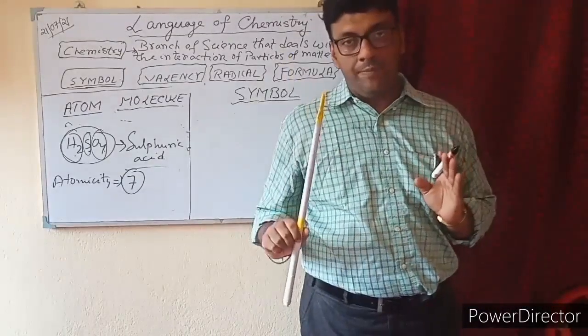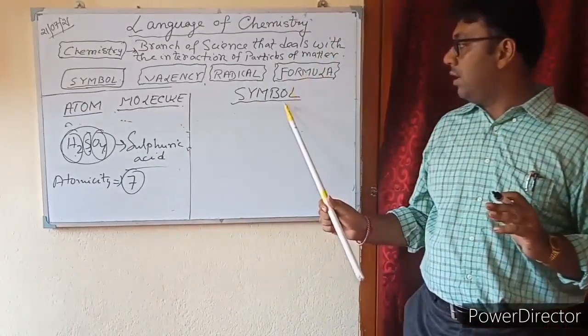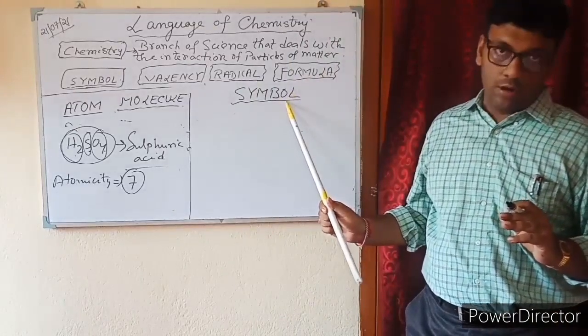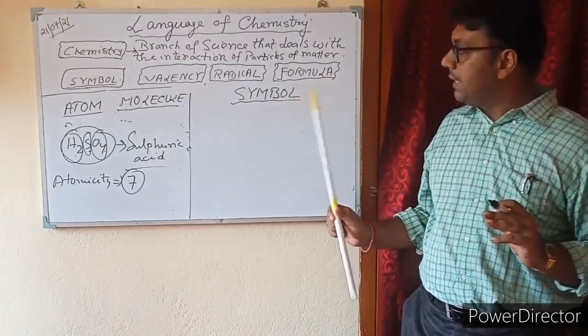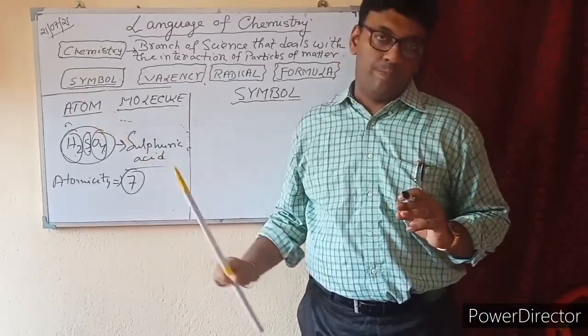So first I told about the atom, now I will come to the symbol. What do you mean by symbol? Symbol is related to the atom. How?